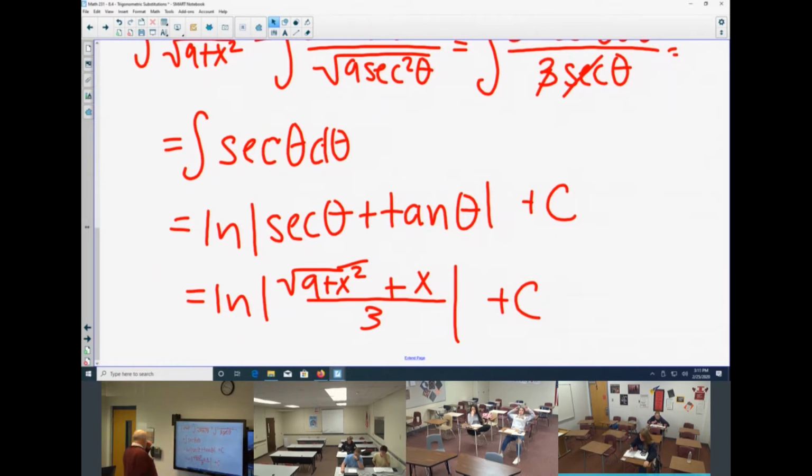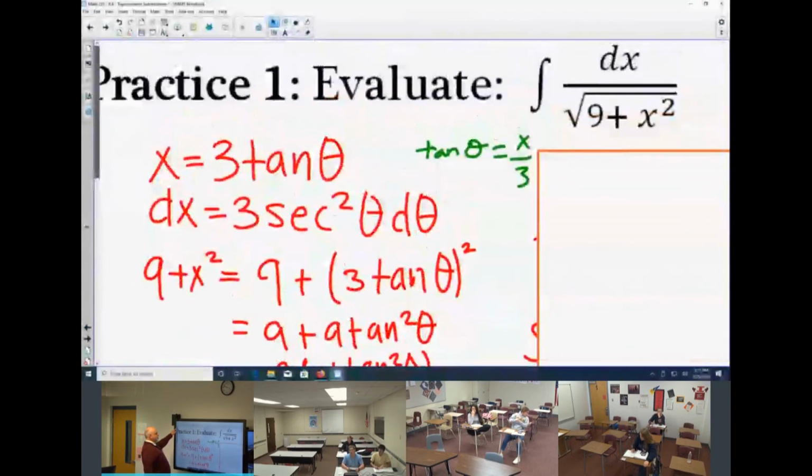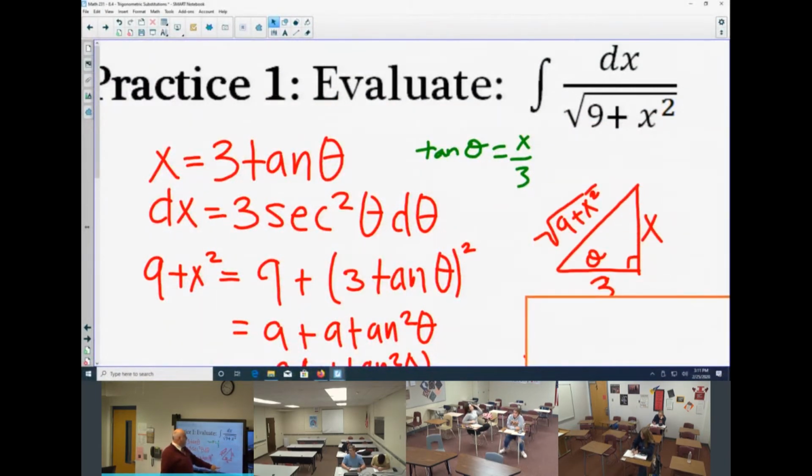Sure. Okay, so first of all, you draw the triangle. And then you make the substitution, x equals a tangent theta. So a for this one is going to be 3, because 3 squared is 9. So dx would be 3 secant squared theta d theta.